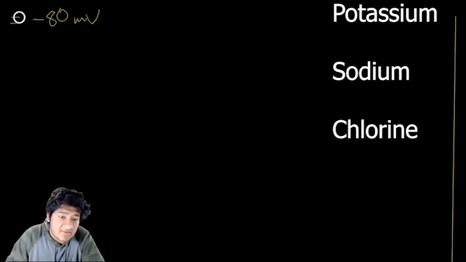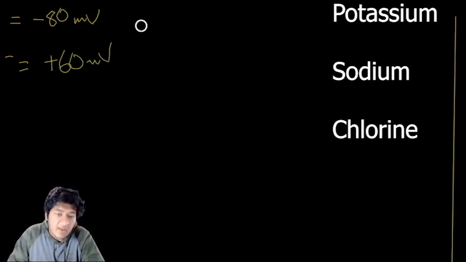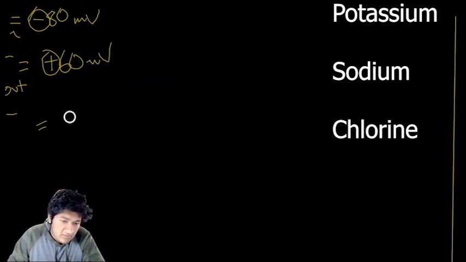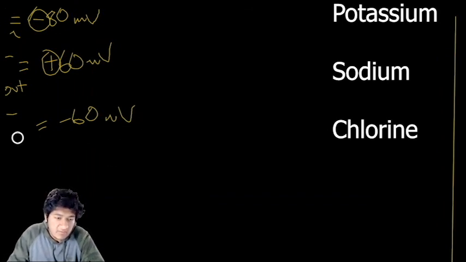For K+, we have negative 80 millivolts, which represents that it's more concentrated inside of the cell because it's negative. For sodium, we have plus 60 millivolts, or somewhere in that region, and this is out of the cell because it's positive. The sign matters a lot. And chlorine is also negative 60 millivolts, or somewhere in that area, also inside of the cell.